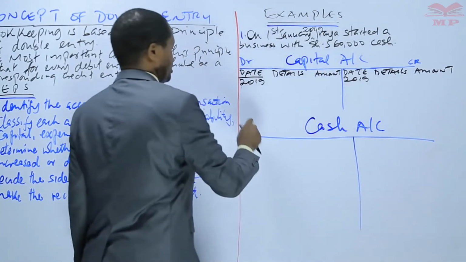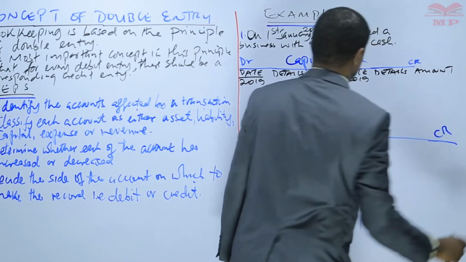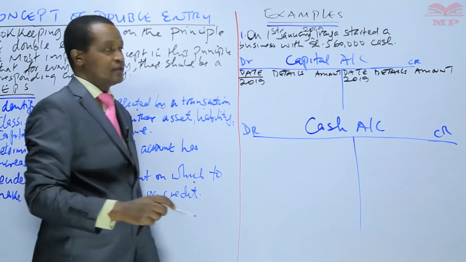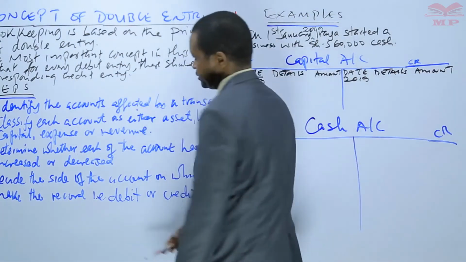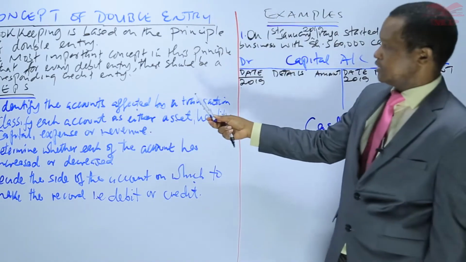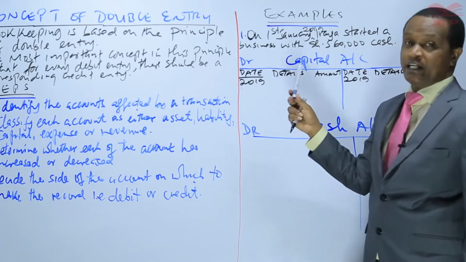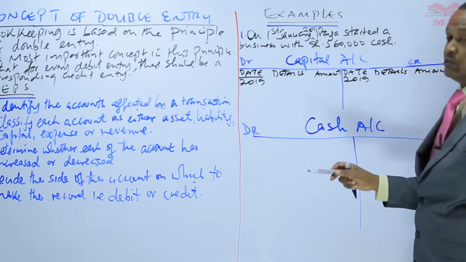So there is the debit side and the credit side. So we've first identified the two accounts. Step number 1, identify the accounts affected by a transaction. So we have capital account and cash account.